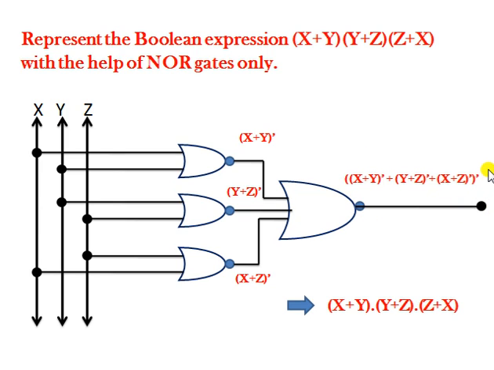As you know De Morgan's theorem, a plus b whole bar equals a bar dot b bar. So using this theorem we get x plus y dot y plus z dot z plus x.